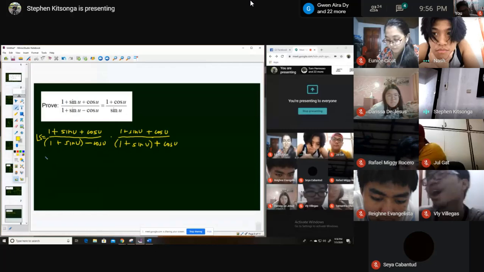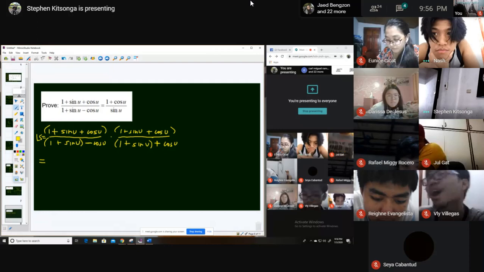Let's start, guys. Now, look at the numerator. You're multiplying it by itself. Right? Meaning the square of the trinomial. Square of 1 plus sine u plus cosine u. What's the shortcut for the square of a trinomial? I'm talking about special products, guys. What is a plus b plus c squared?